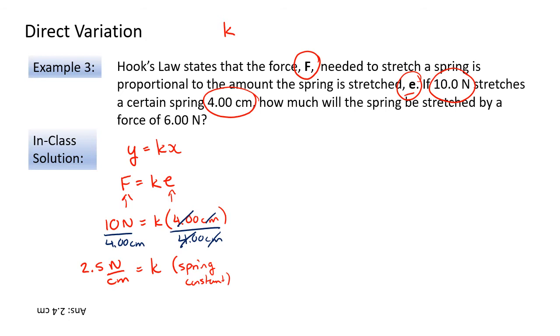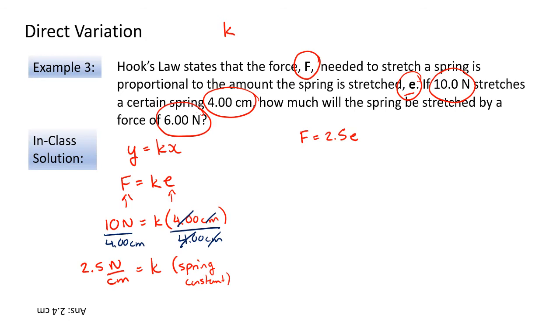So what that does is it now creates an equation for us. The force is equal to 2.5 times E, or the amount the spring is stretched. Now we can answer the second piece of that question, or you could actually take any force for this spring, not just 6 newtons, and figure out how much it would correspondingly stretch. That's the purpose of creating this equation at the start.